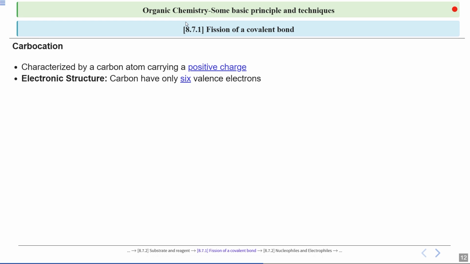Talking about the electronic structure of carbon, you know it very well that it has 4 in total. 4 were coming from other atoms, but that will result in 8 electrons. At the last, you are removing 2 electrons from it, so that results in 6 valence electrons. So the carbon is getting a positive charge.